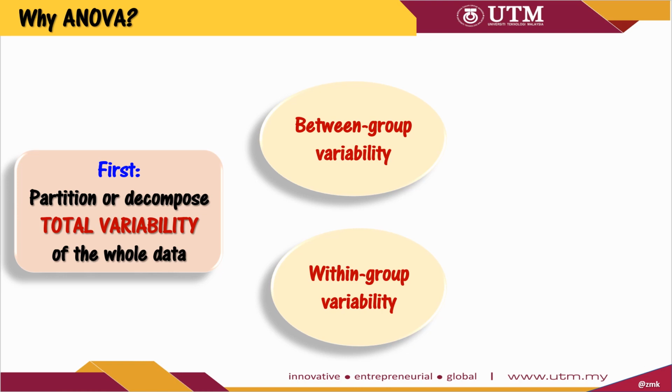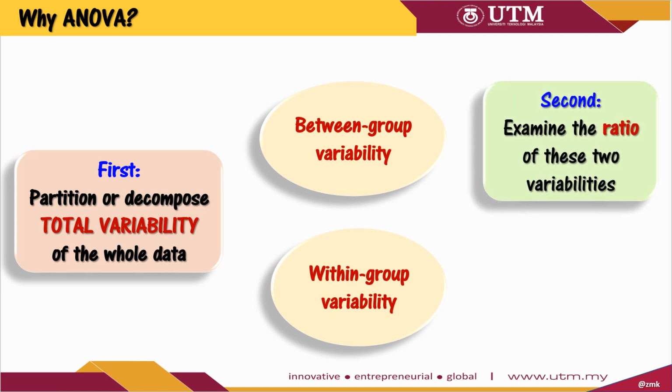The second step in the ANOVA approach is to examine the ratio of the 2 measures of variabilities, that is, the ratio between group variability and the within group variability.